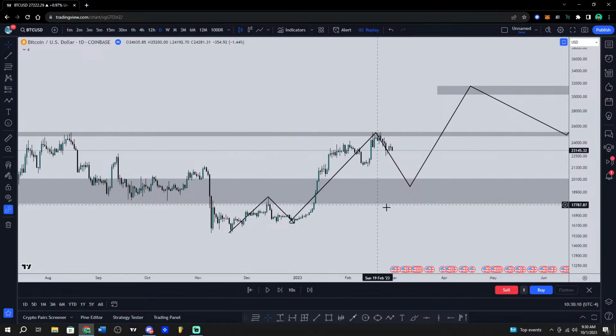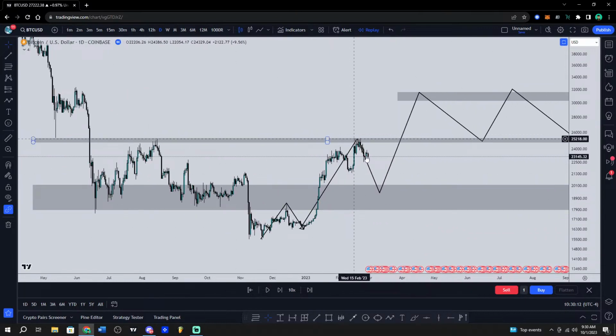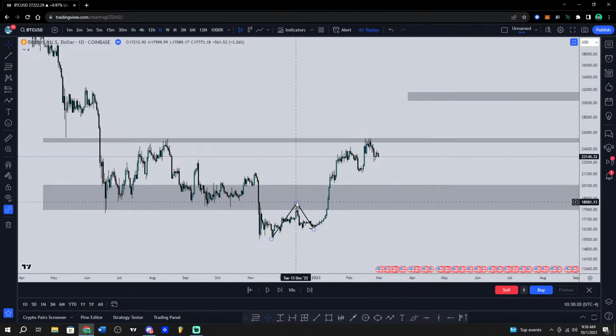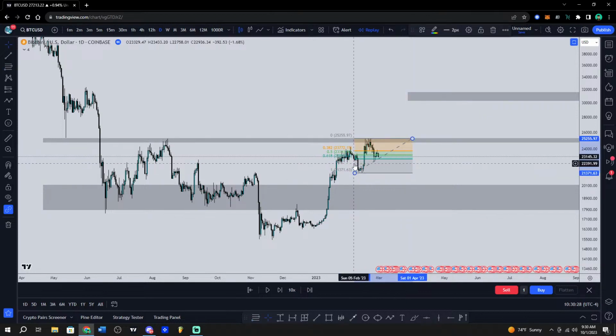So right now we have this uptrend, and we're like, okay, where could we possibly pull back to? Now I'm going to take this market structure off. I'm going to go from the bottom of this low here to the top here, because we did have a higher low from here, and a higher high, okay?